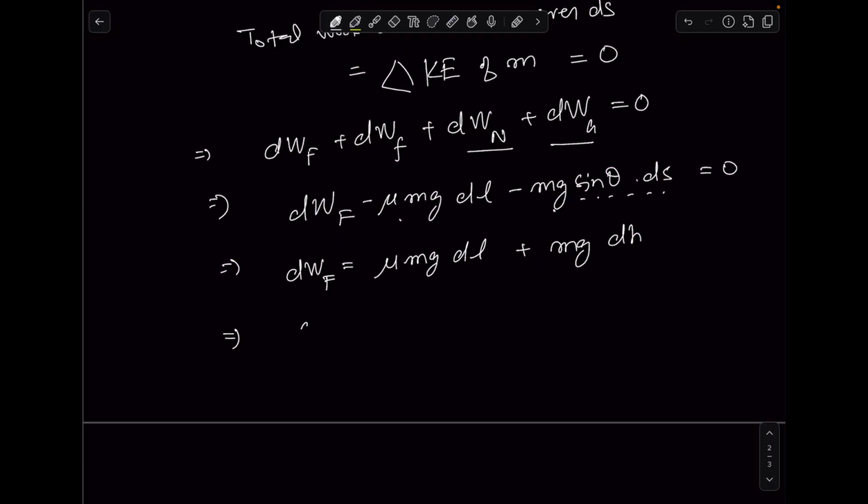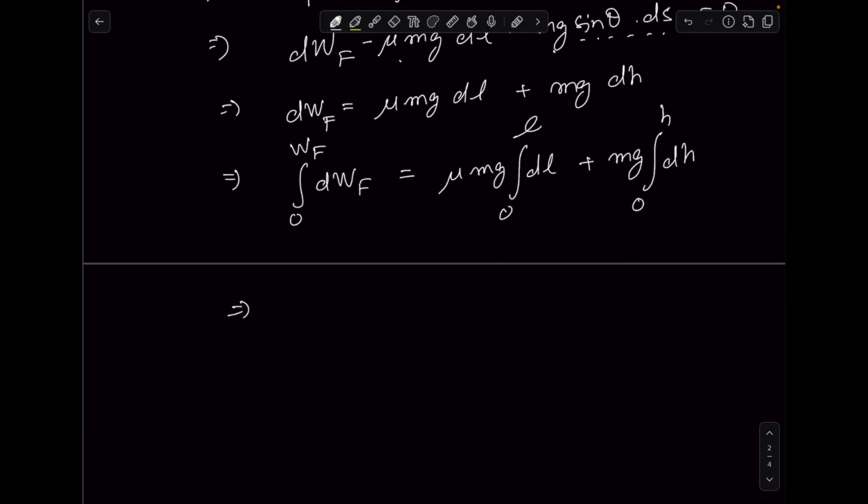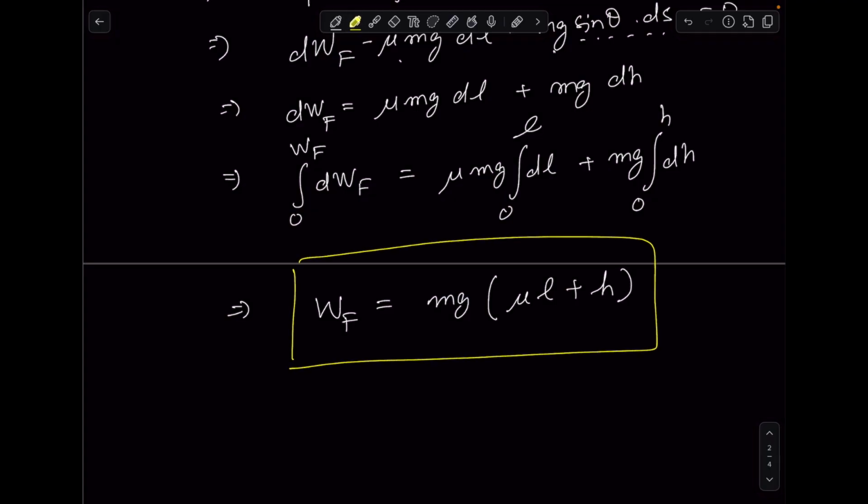If we integrate both sides, the total work done by the force when the movement started is 0, and the total work done by the force F as the object has climbed the hill is what we require, which is W_F, equals mu mg integral of dl from 0 to L, which is a given quantity, plus mg integral of dh from 0 to h, which is a given quantity. So W_F equals mg times (mu L plus h), and this is the answer.